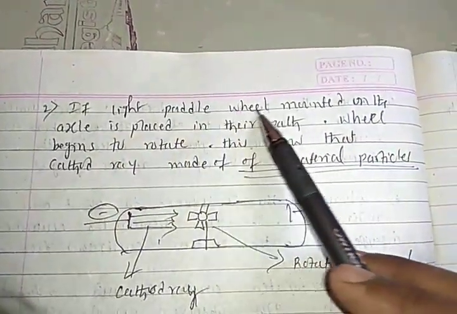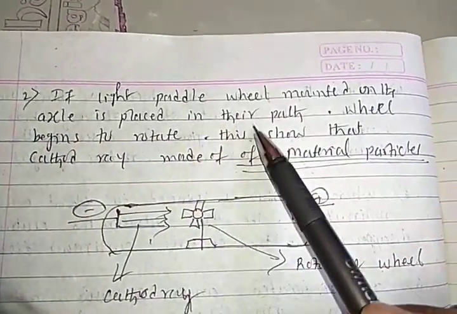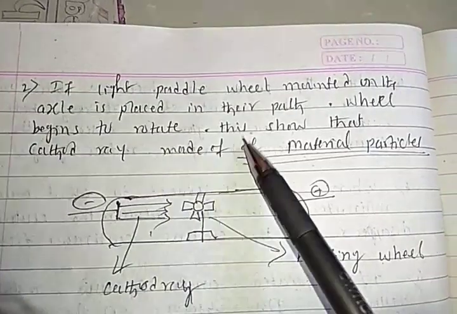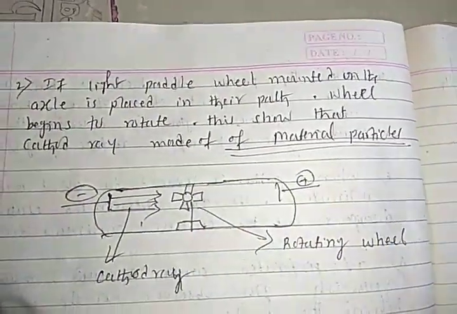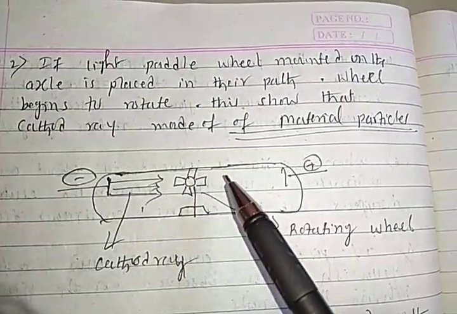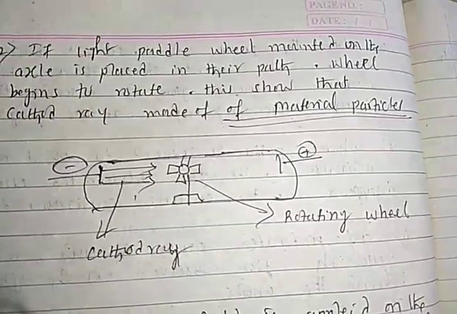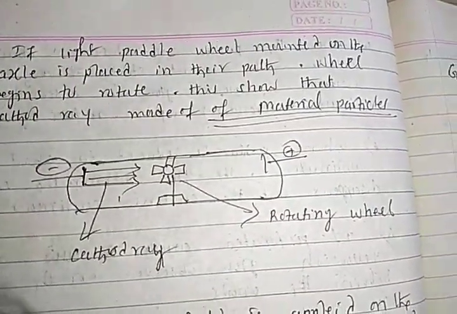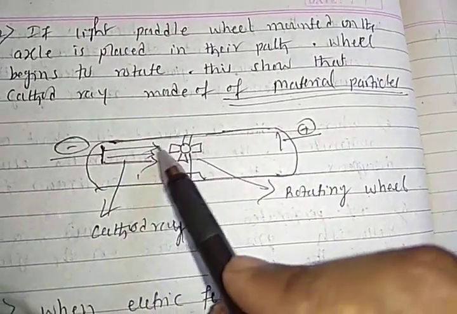If a light paddle wheel mounted on an axle is placed in their path, the wheel begins to rotate. This shows that cathode rays are made up of material particles. So again, in place of the object, we have kept one rotating paddle here. What happens when the ray passes and falls on this paddle?